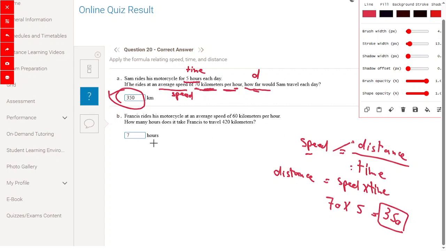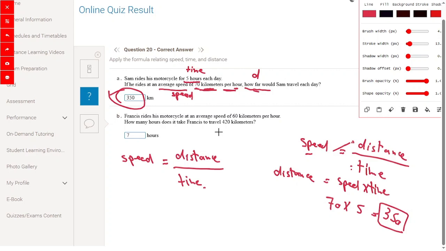Okay, now part B: Francis rides his motorcycle at an average speed of 60 kilometers per hour. So the speed is 60 kilometers per hour. Now we write the equation: speed equals distance divided by time.